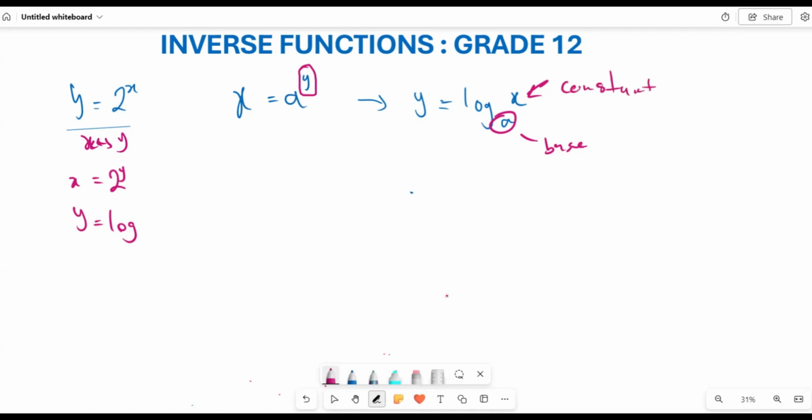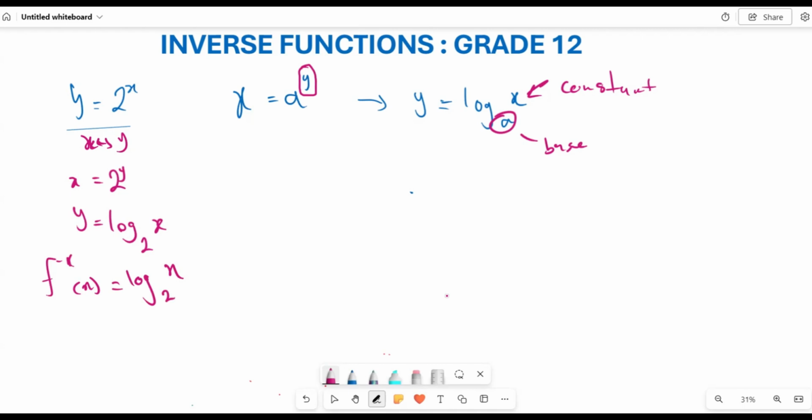Which means what was the base? The base was 2, and the value here is x. So this will be the inverse of the function, which is going to be log base 2 of x.